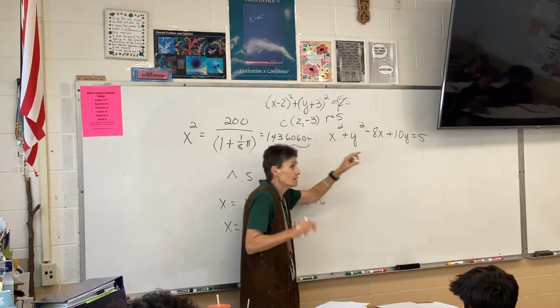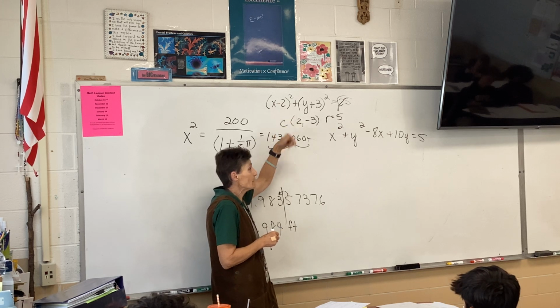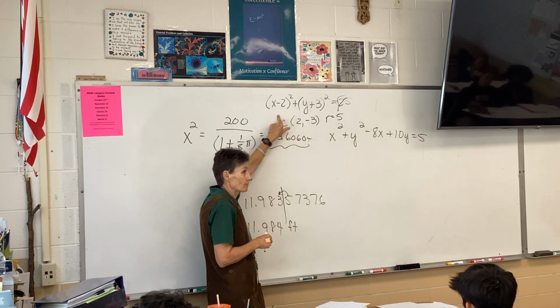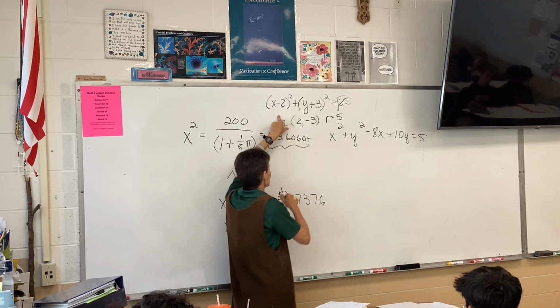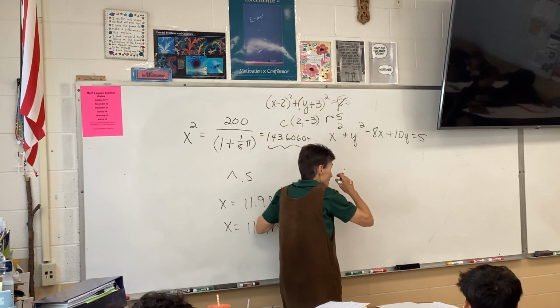Your equation doesn't look like this. So we need to make that equation look like this. We need to build a couple of squared quantities.